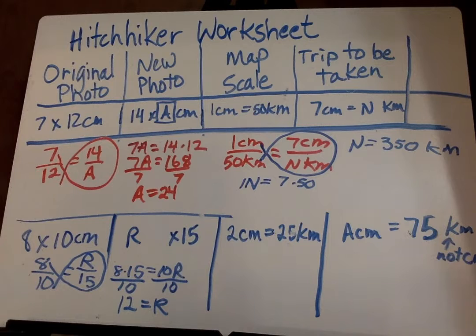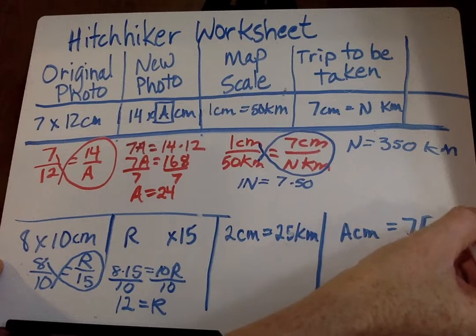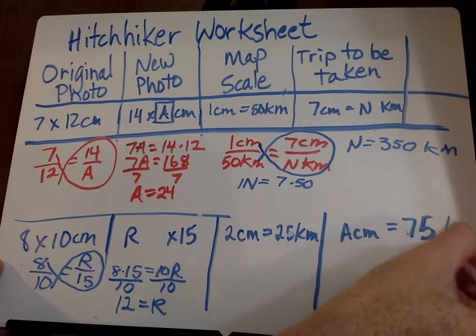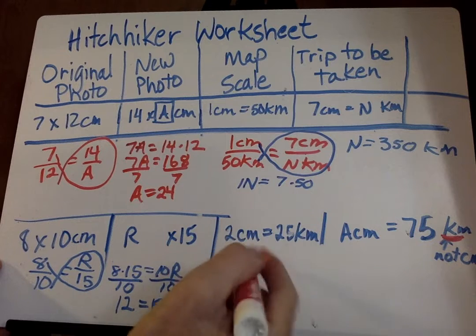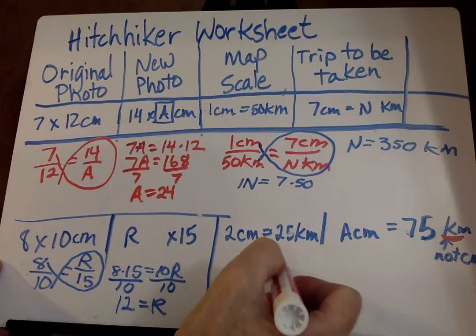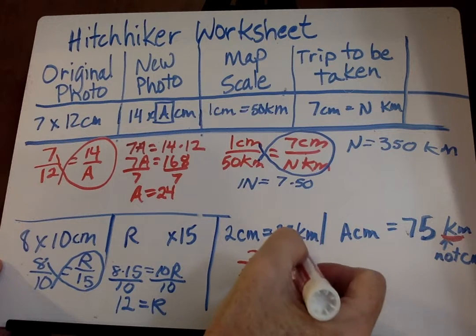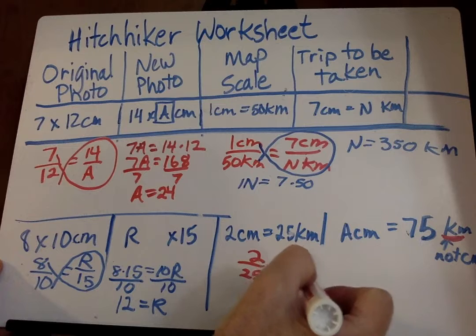Okay. All right, and then this last one, 2 centimeters equals 25 kilometers. So that equals A centimeters, and they have a mistake where they have cm on 75. Go ahead and change that to km. So then we're going to go ahead and set up 2 over 25 equals A, because it's centimeters to centimeters, over 75.